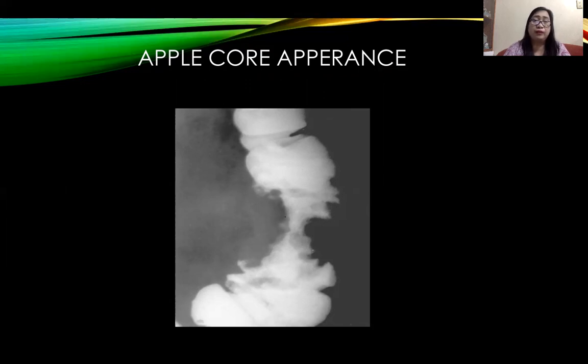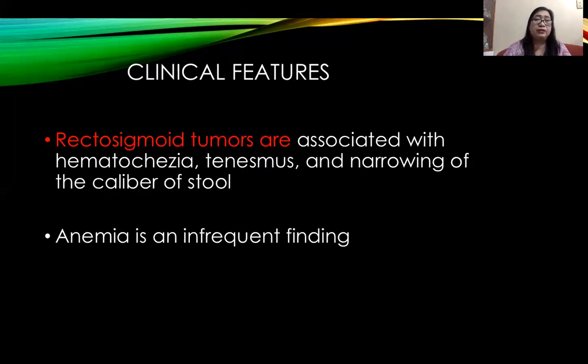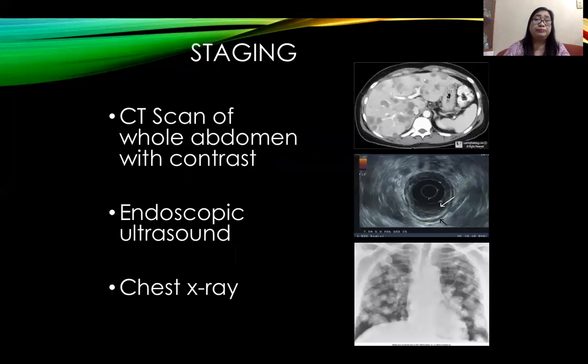That is your colon. And that is the sigmoid part of the colon. So rectosigmoid tumors are associated with hematochezia, may be associated with tenesmus, and the small caliber of your stool or narrowing of the caliber of the stool. Anemia is an infrequent finding.